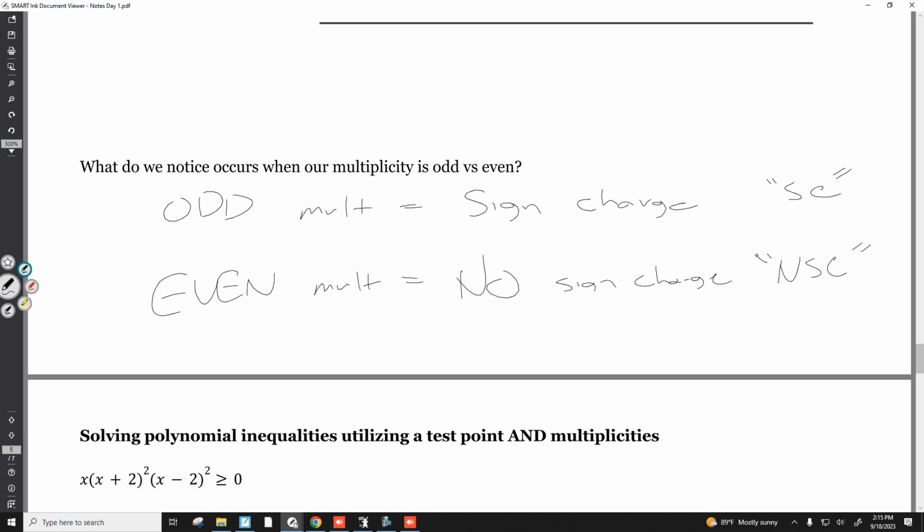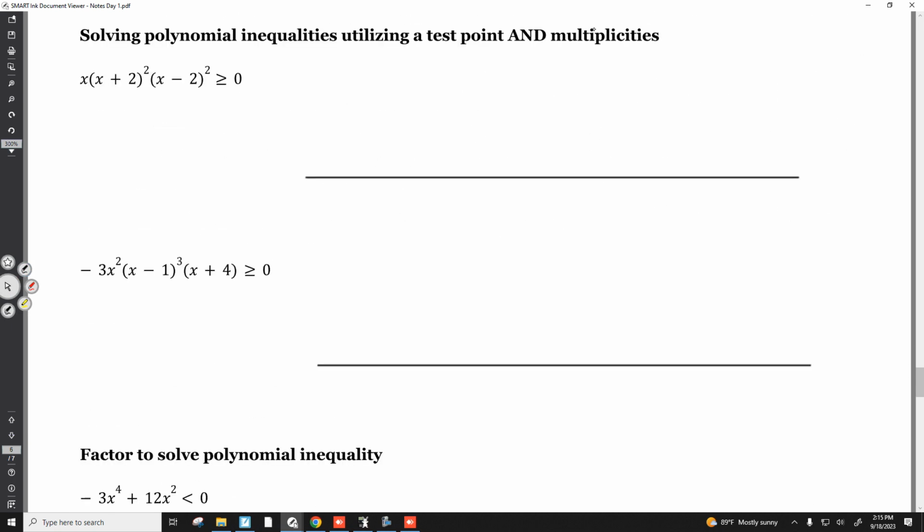Okay. Once again, guys, we're getting to where you want to go. So just give me one more page before we get there. Ready? I'll show you how to quickly fill out sign charts by first identifying zeros and multiplicity.